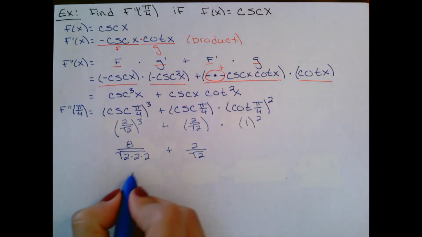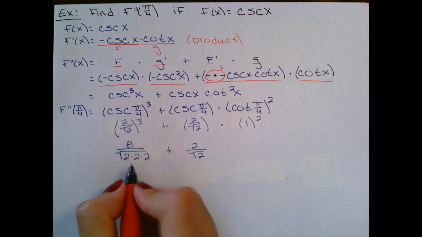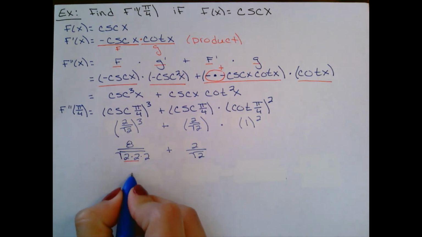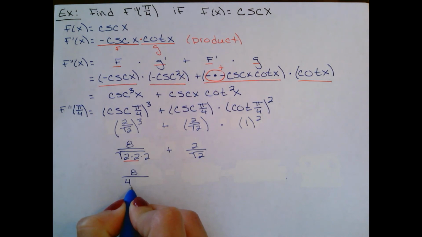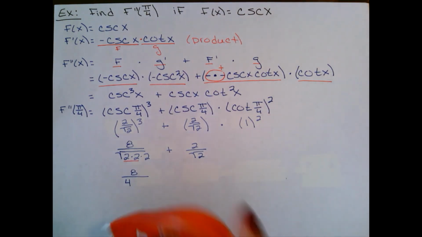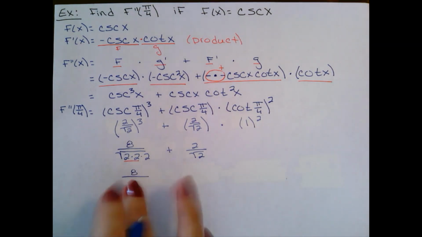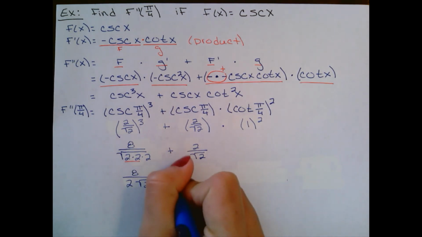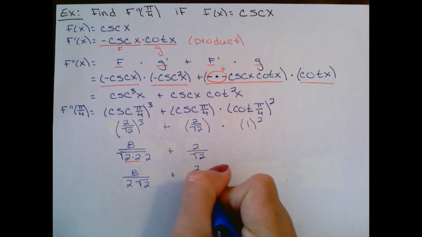Now, on this next part, remember that when you have a square root, as long as you can find a pair, 2 of them can come out, because that'd be like saying 2 times 2 is 4, square root of 4 is 2. So I can say 8 over root of 4. So we say 2 square root of 2 plus 2 over square root of 2.